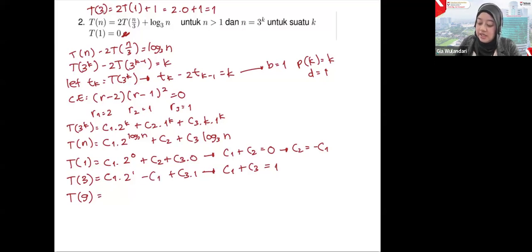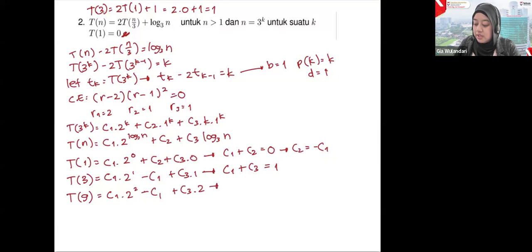And then for T9, we have C1 times 2 square plus C2 plus C3 times log 9 base 3, which is 2. And we can again change C2 into minus C1 based on what we have here.